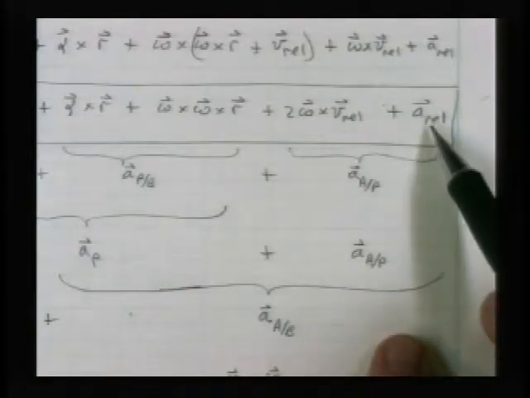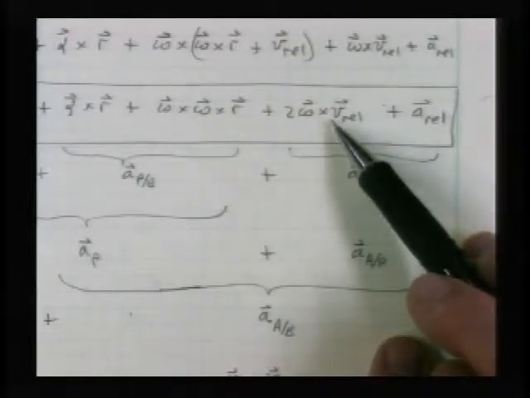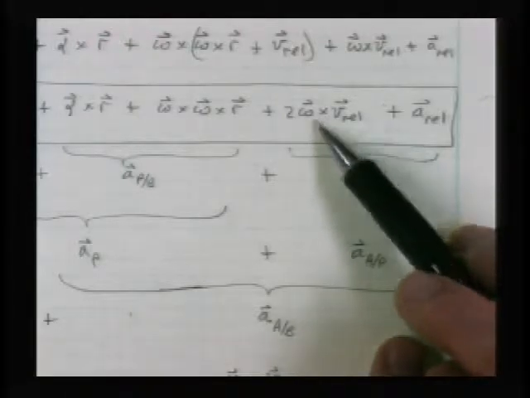It's made up of A rel, which is x double dot i plus y double dot j, that simple one, plus this thing, the 2 omega cross V rel, which is A normal. This is there because we have to account for the fact that the plate's rotating. And this picks it up right here.